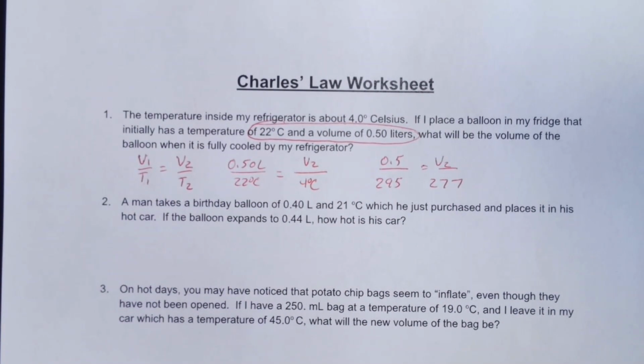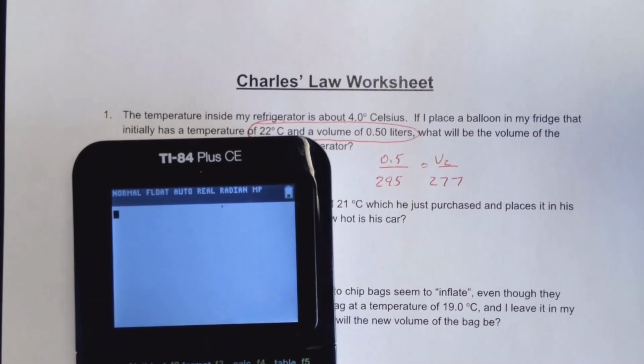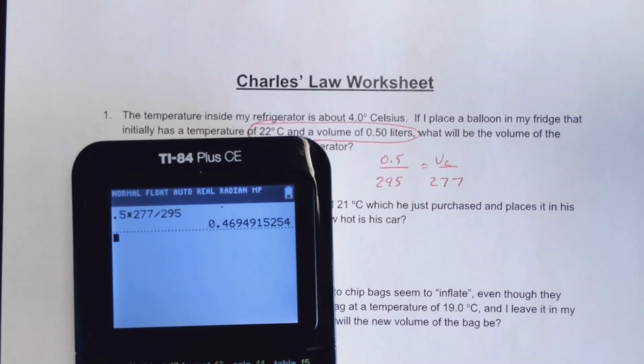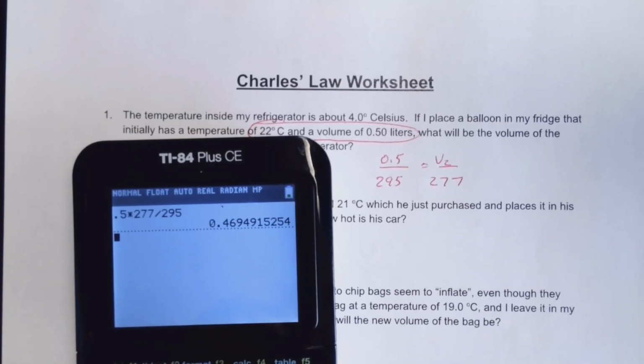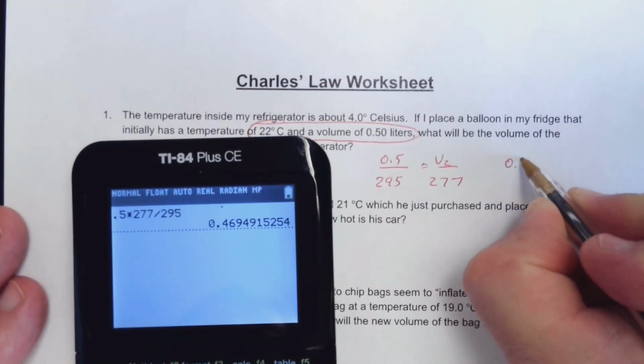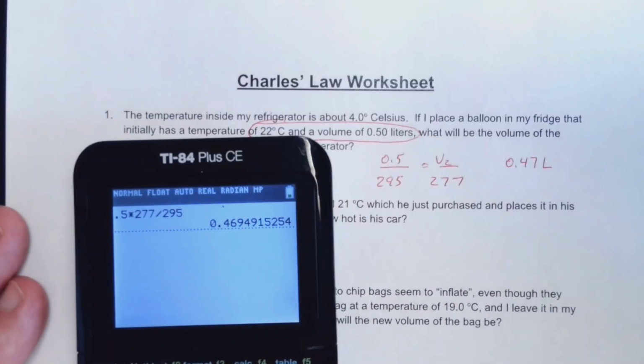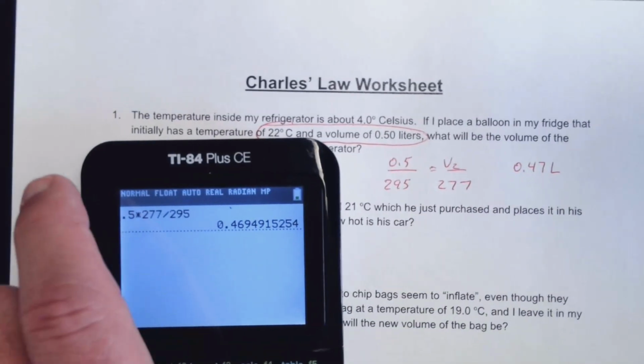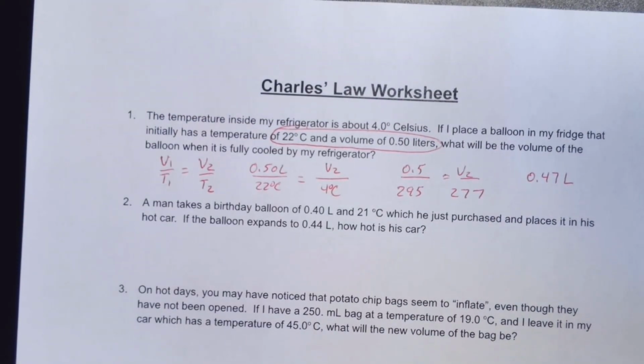And then to solve, cross multiply, divide. All of these are going to be proportions. Just cross multiply, divide in all of them. And then let's try to do 2 digits. So I'm going to say, so our new volume, 0.47 liters.